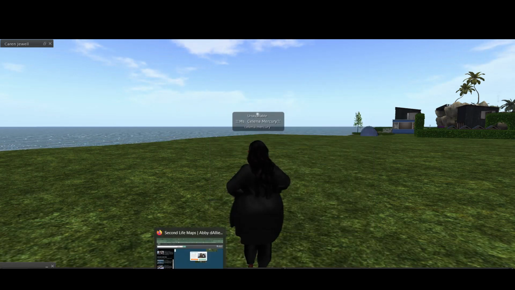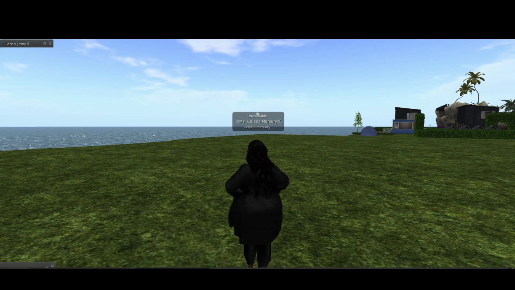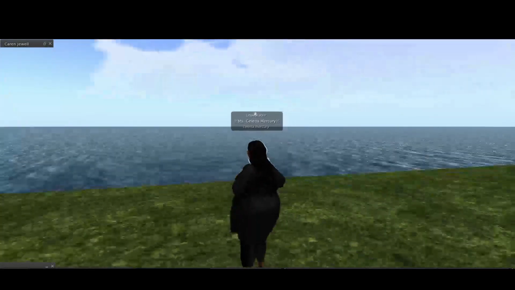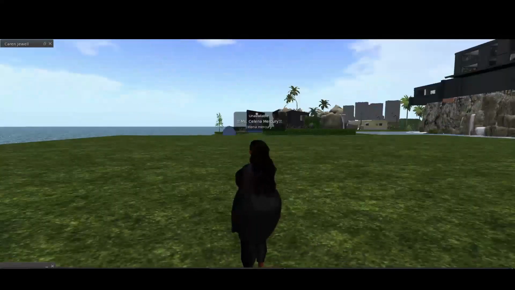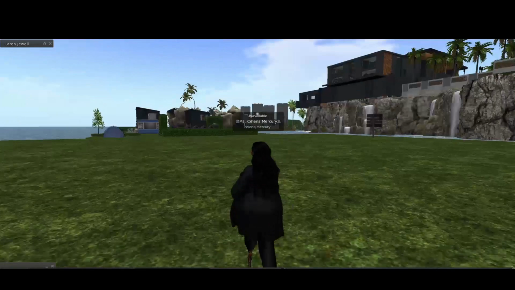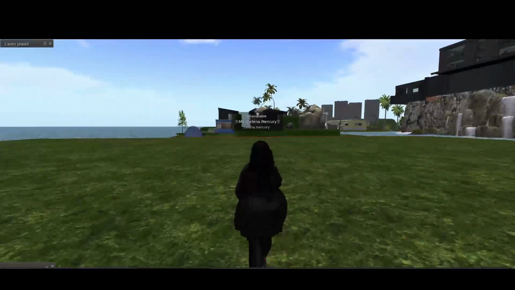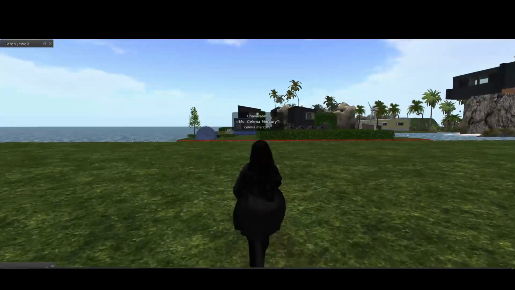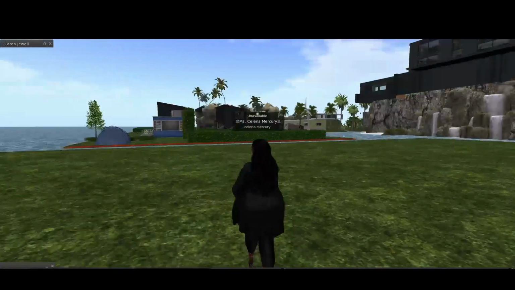If we go back to the marketplace listings, we'll find larger and smaller rentals. And there will be a tier box somewhere around here. They've done a very good job of concealing theirs from view, which is very nice.